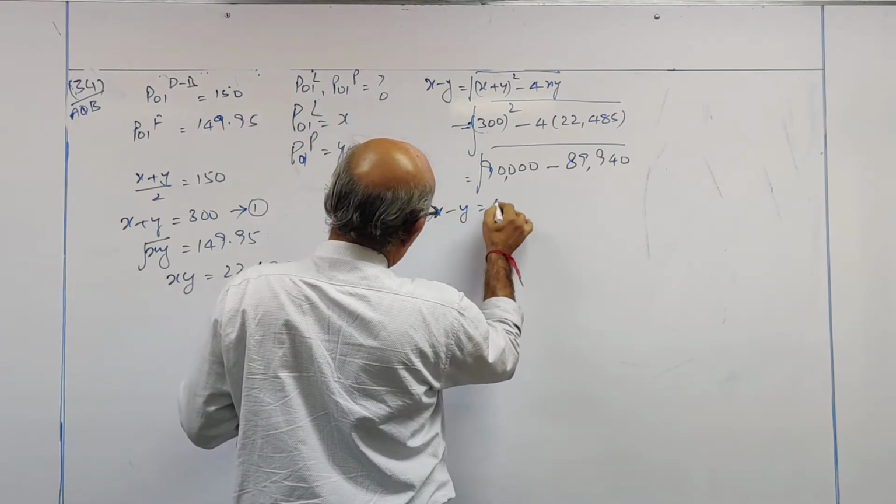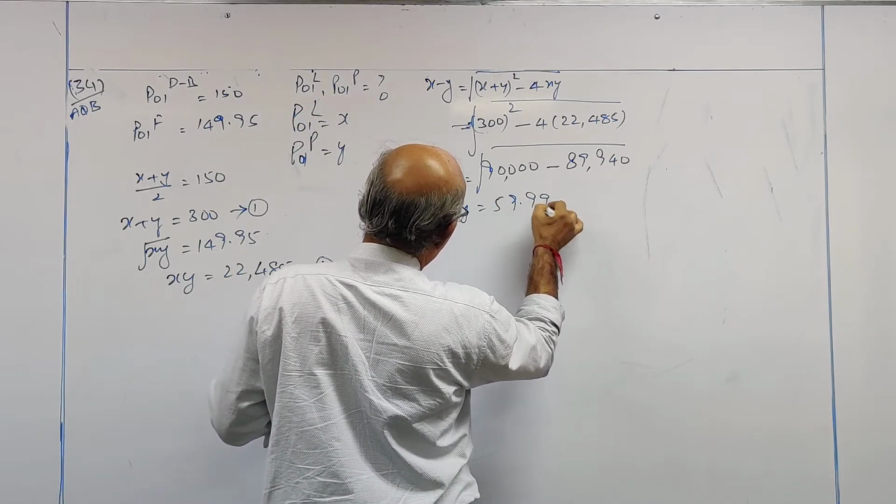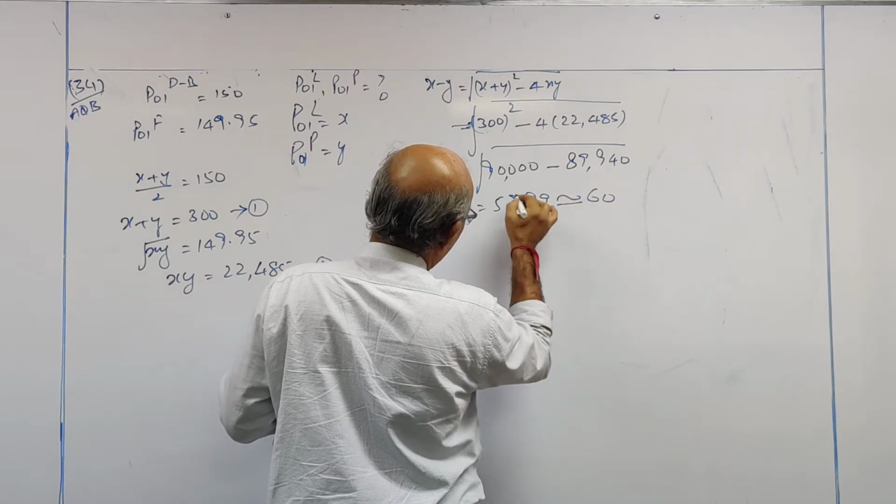X minus y is equal to 59.99, which I am approximating to 60.